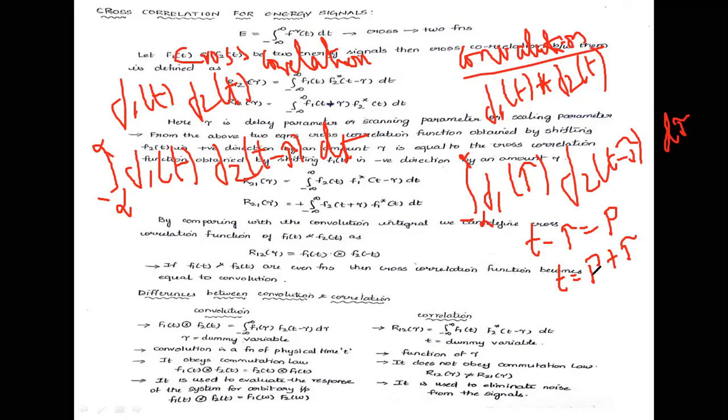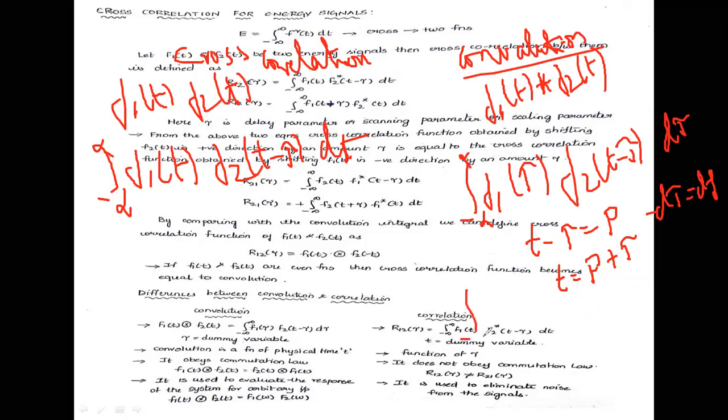Now changing the variable, dt is equal to minus d tau, which is equal to d p.